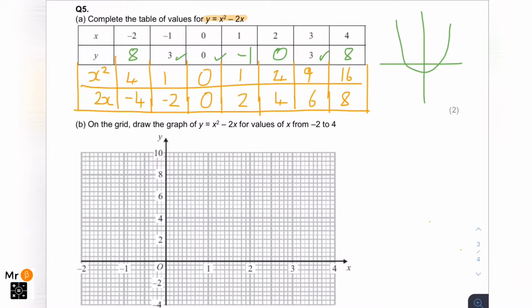So when x is negative 2, y is 8, negative 1 is positive 3, 0, 0, 1, negative 1, 2, 0, 3, 3, and finally 4, 8. So now connect these together with a smooth curve. We do not use straight lines here. You'll then be left with your parabola drawn.